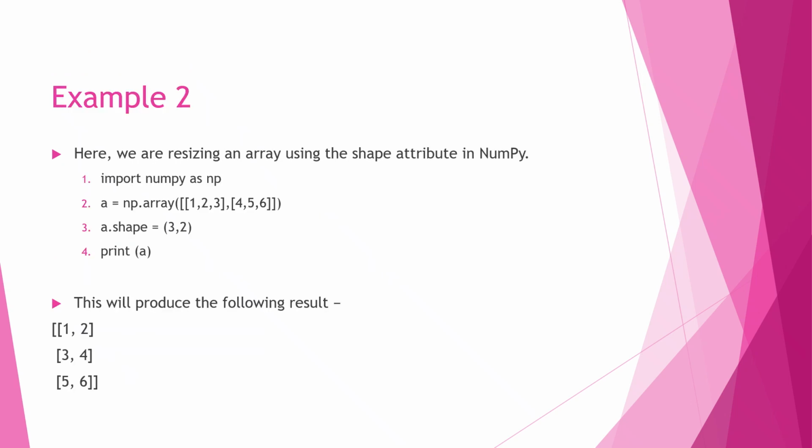For the resize operation, we specify the dimension on the right hand side in a tuple form. 3 by 2 is the actual dimension, so 3 rows and 2 columns. This gets stored in the shape variable. So we are accessing the shape using dot shape, and we are printing the variable a. It has stored the dimension.